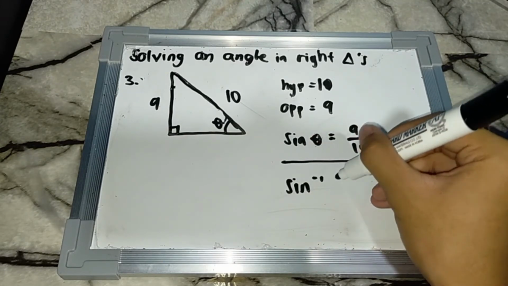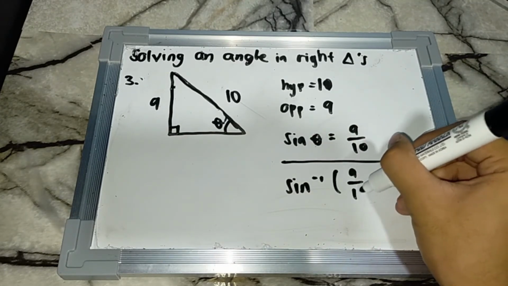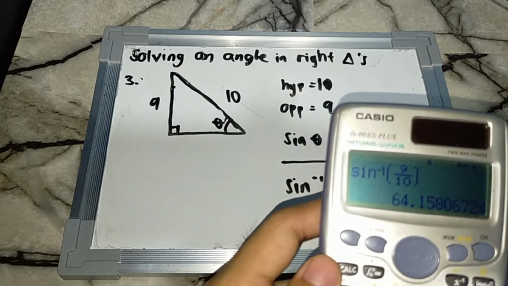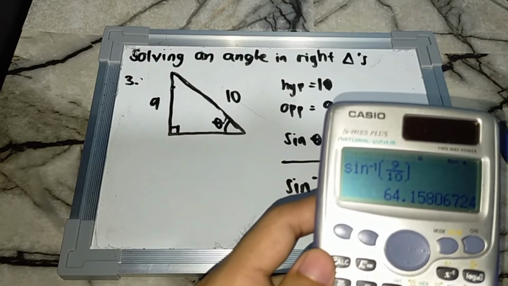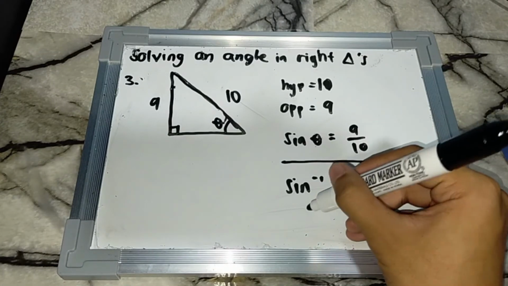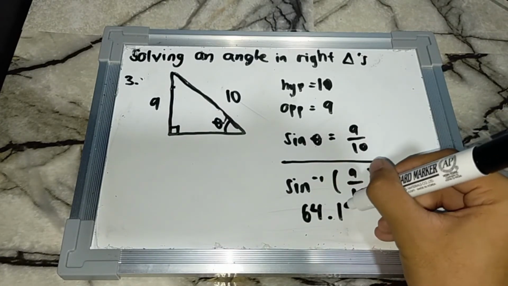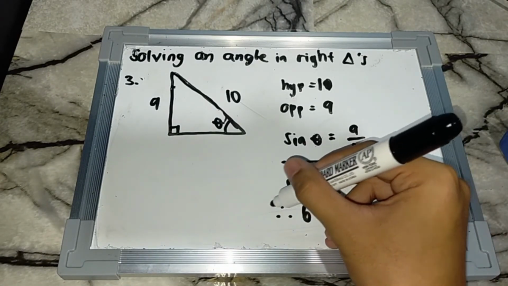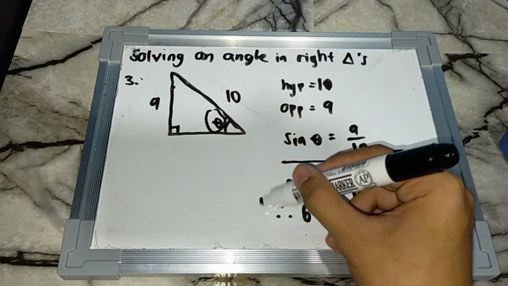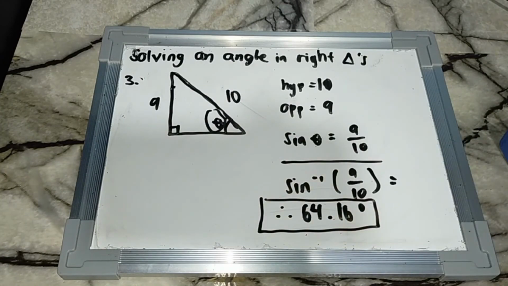So it's sine inverse of 9 over 10. And based on our calculator, our answer is 64.158. So we could estimate that to 64.16 degrees. Therefore, the value of this angle is 64.16.